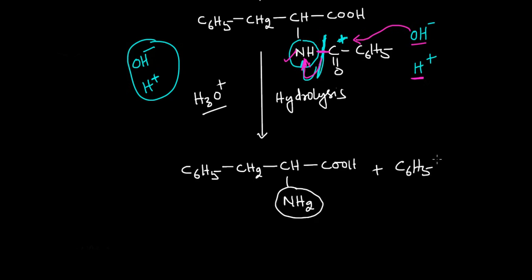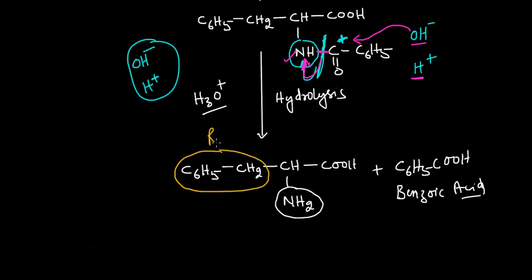C6H5 COH, that is known as benzoic acid. So we get this benzoic acid also with the preparation of alpha amino acid. So because now the C6H5CH2 group is there, ये जो group जुड़ा है, suppose this is the R group which is connected, and this is the alpha carbon.